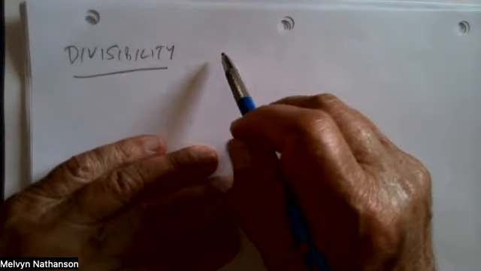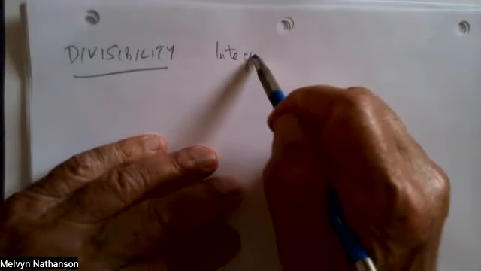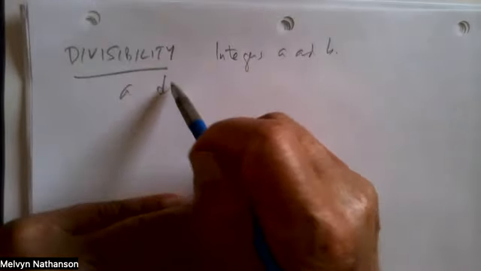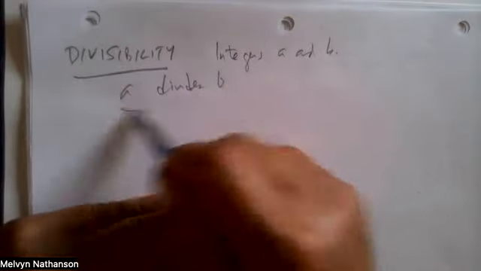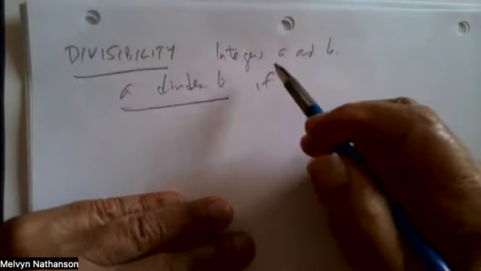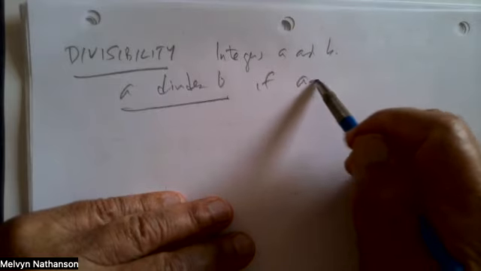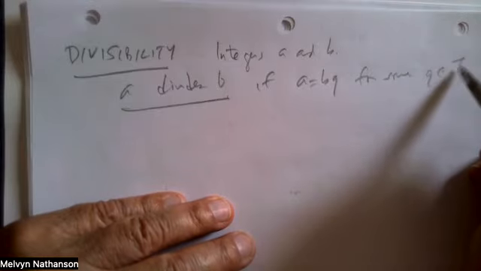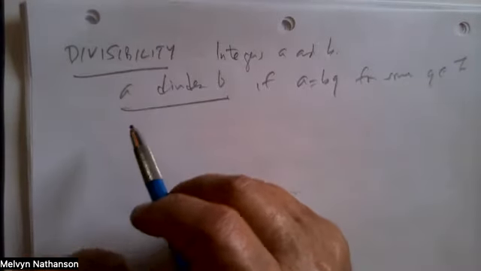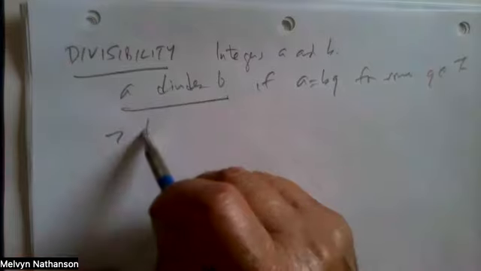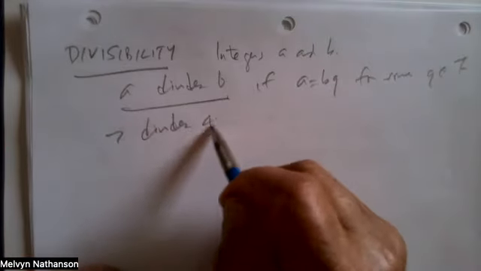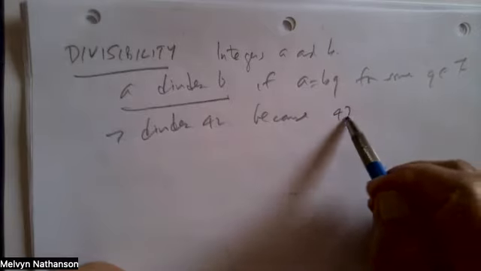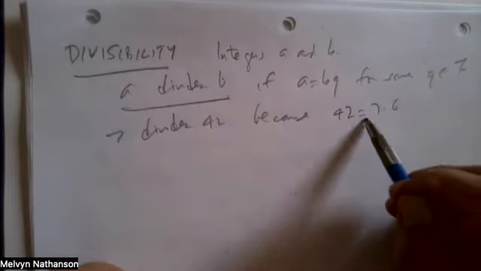We say that if we have integers A and B, we say A divides B if B is AQ for some integer Q. So for example, 7 divides 42 because 42 is 7 times 6.